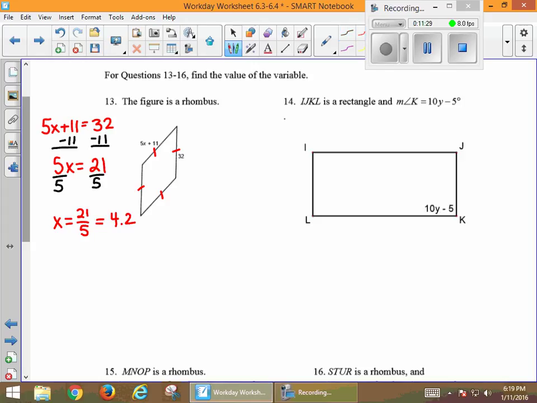Question 14 says that IJKL is a rectangle, and the measure of angle K is 10y minus 5 degrees. Remember what we know about all rectangles? All angles are 90 degrees. They are all 90-degree angles, which means 10y minus 5 equals 90.